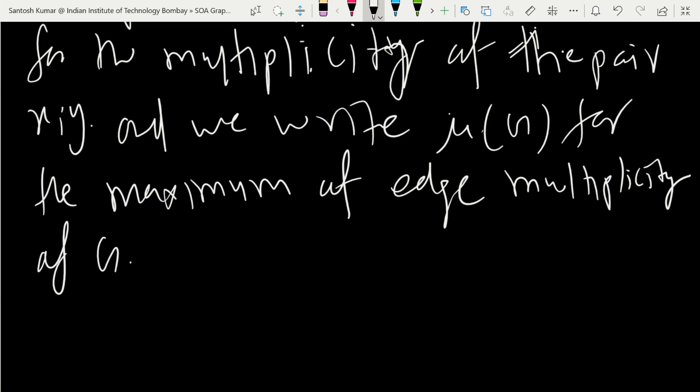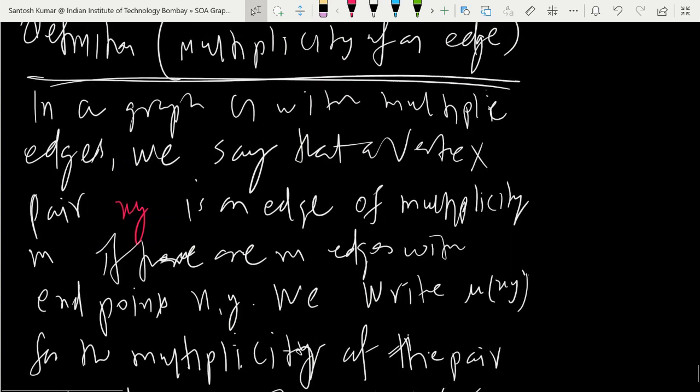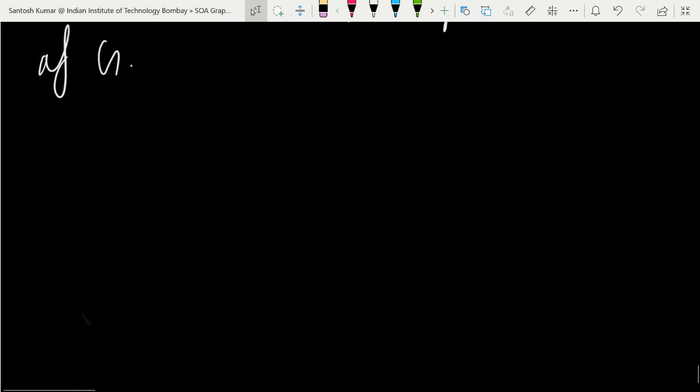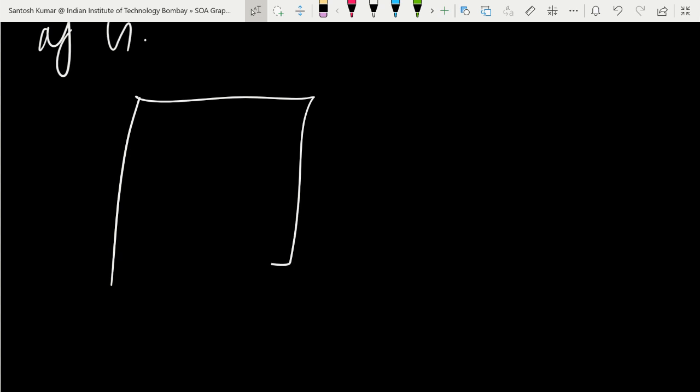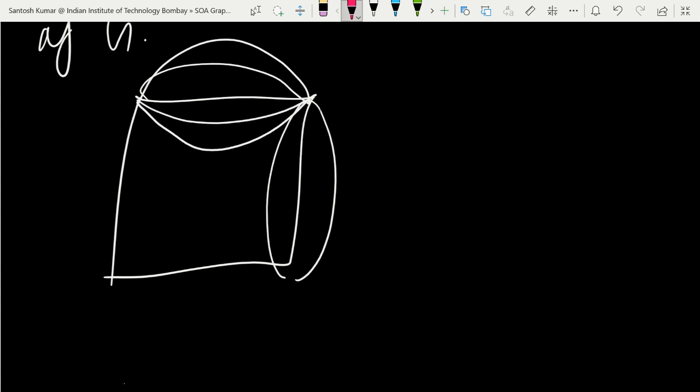You will have to find the multiplicity of an edge. So you will count the edges between two vertices. Okay. So for example, let me write one example. So you may see like this, x, y, z, w.